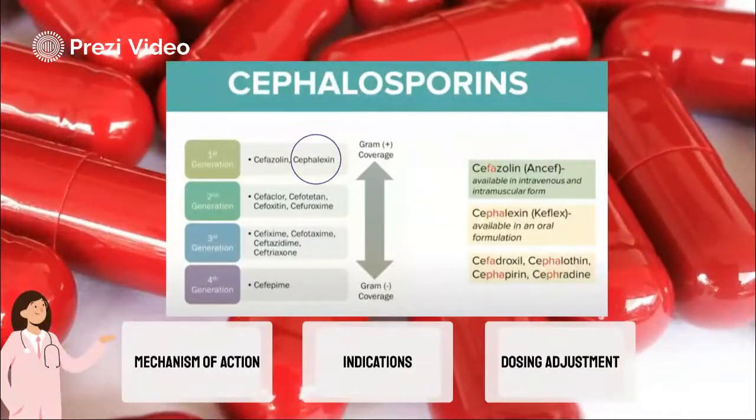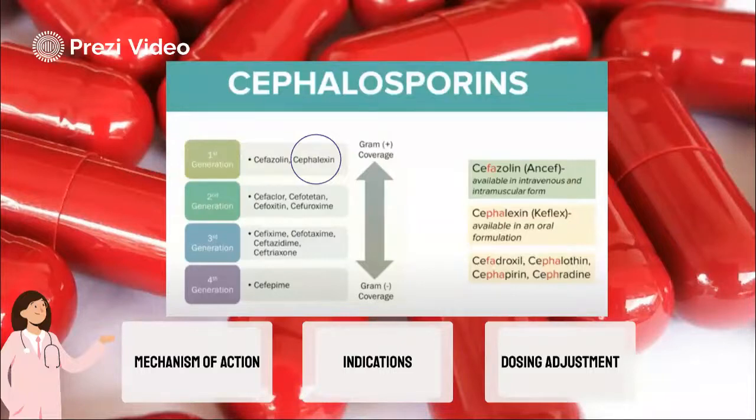So cephalexin is under cephalosporins. Cephalosporin is a broad-spectrum antibiotic used to manage a wide range of bacterial infections. They are derived from the mold Acremonium, previously called cephalosporiums, where they derived the drug name or drug class of cephalosporins.